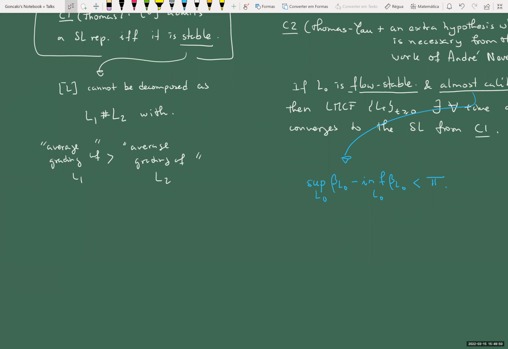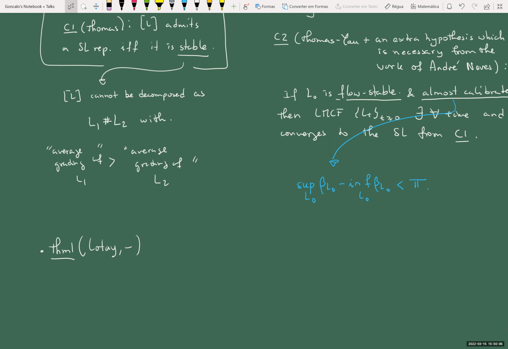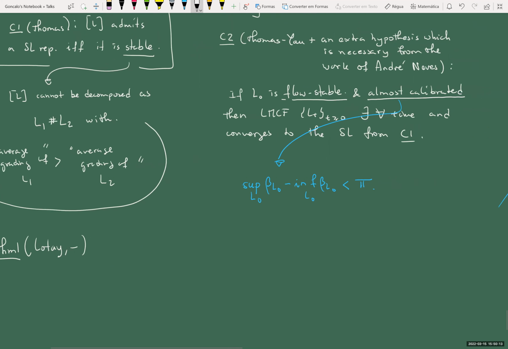So the results that Jason Lotay and I have. Sorry, I just wanted to ask, what does it mean flow stable? It's similar to this. You cannot decompose it in this way.